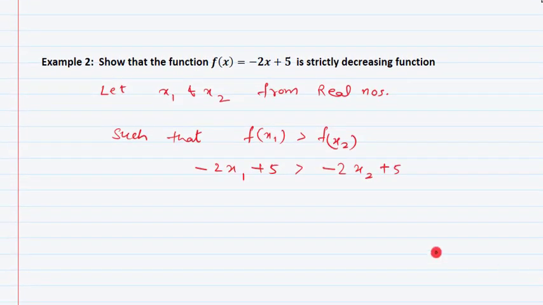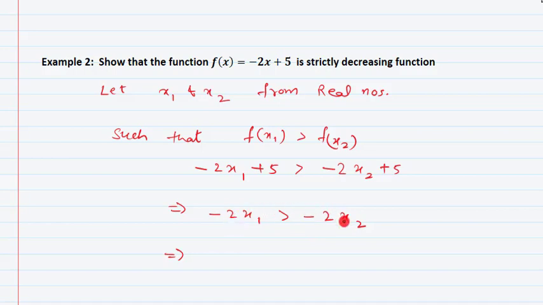From inequalities, you know very well that on subtracting 5 from both sides, there is no change in the inequality sign. So we are having minus 2x1 greater than minus 2x2. Further, we know that if we divide both sides by any negative number, then the inequality sign gets reversed.